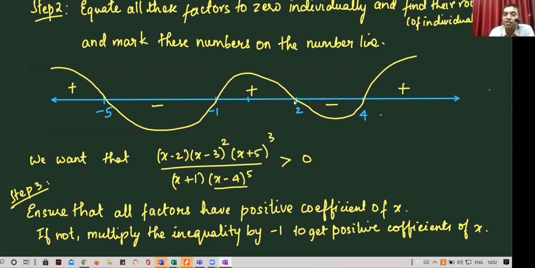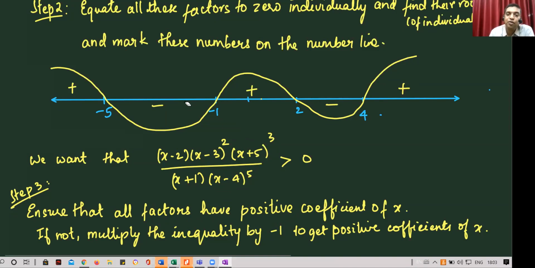Now when you come into this region, -1 to 2, if x is here somewhere, then x minus 2 is negative and x minus 4 is negative. So this is a negative term and this is also a negative term. Now both contribute negative sign. Negative divided by negative is positive. So that's why, and the remaining are positive. That's why it is positive.